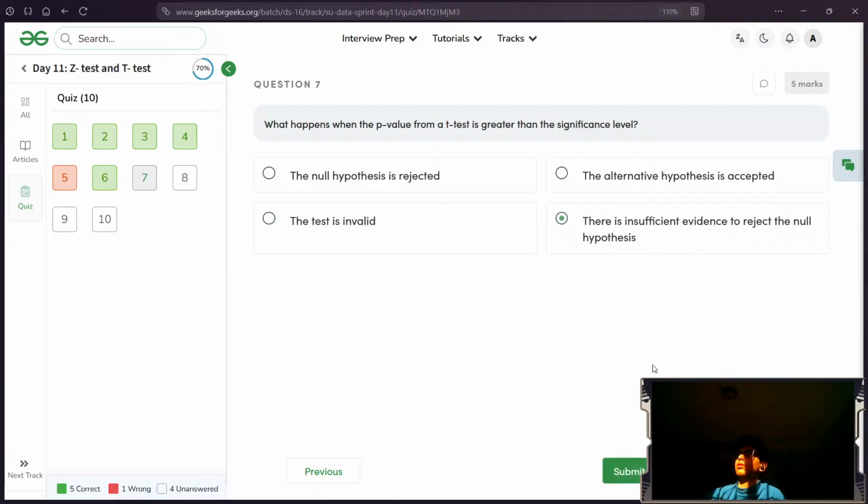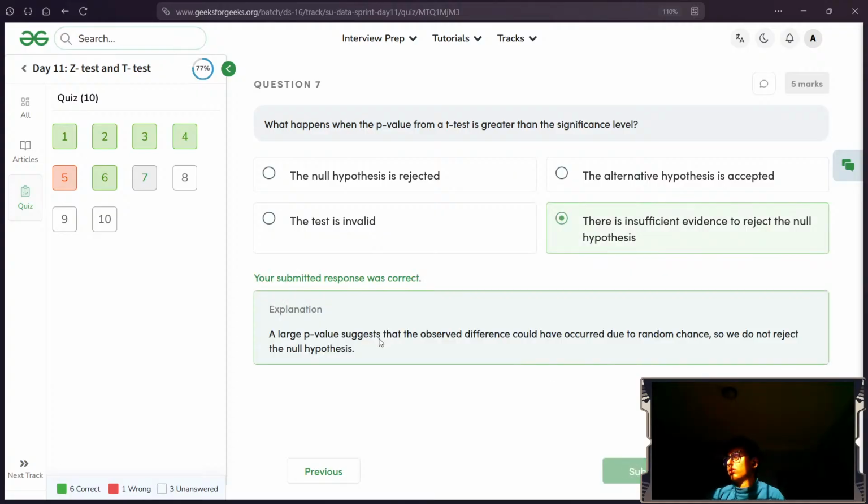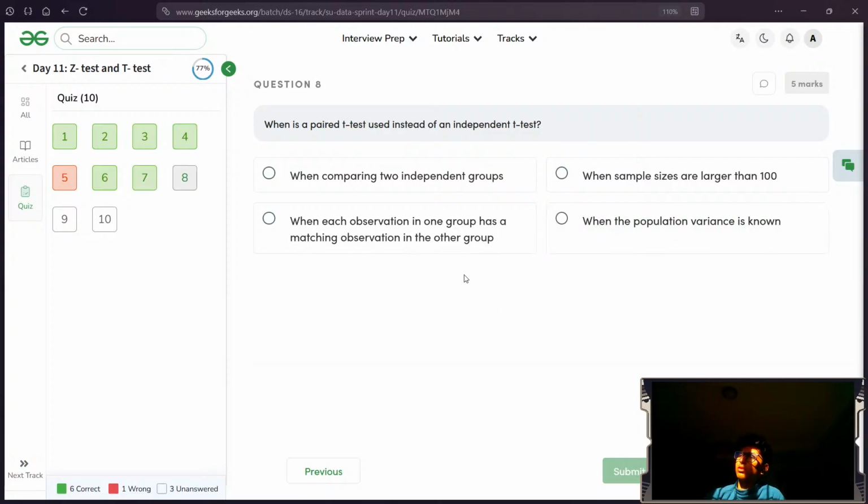There is insufficient evidence. Yep. The difference could have occurred due to random chance, so we do not reject the null hypothesis.